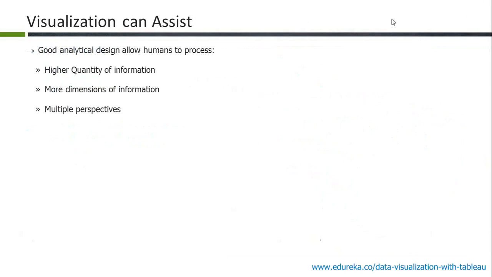So good analytical design allows humans to process a higher quantity of information, more dimensions of information, and multiple perspectives. Now what do you mean by higher quantity of information? In case I give you a table which says the sales of a retail store for say the last 1 year, you'll not be able to even remember the sales of the last 5 or 6 days, neither will you be able to see a pattern.